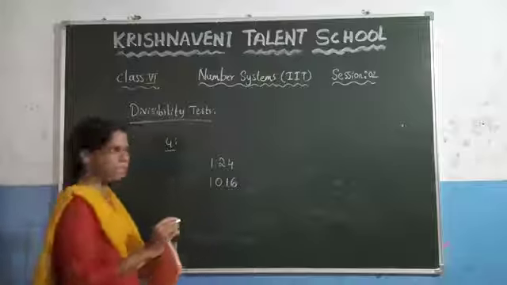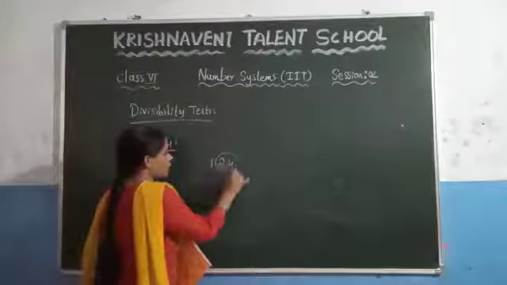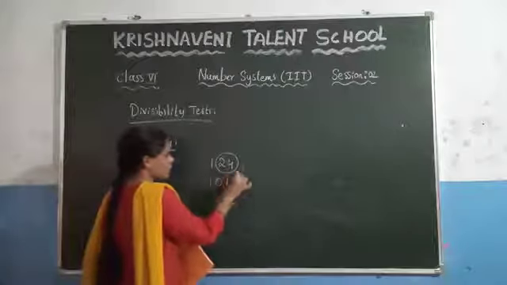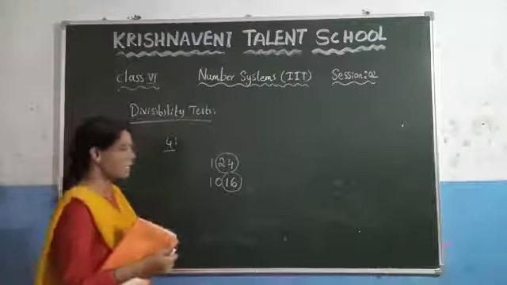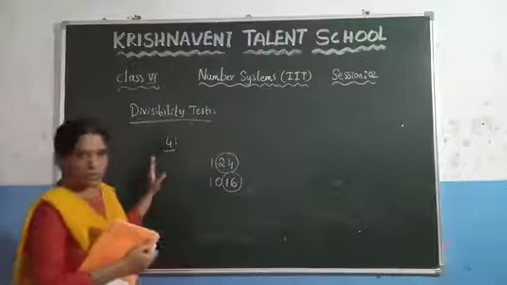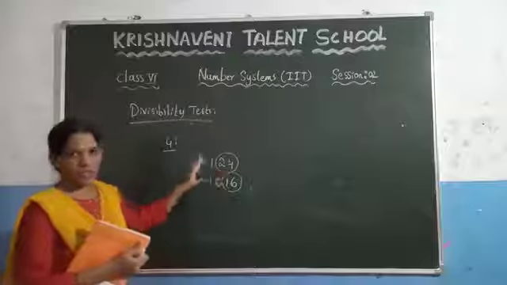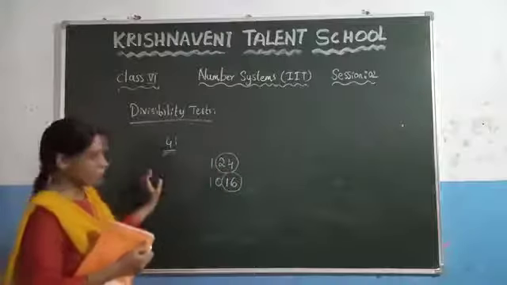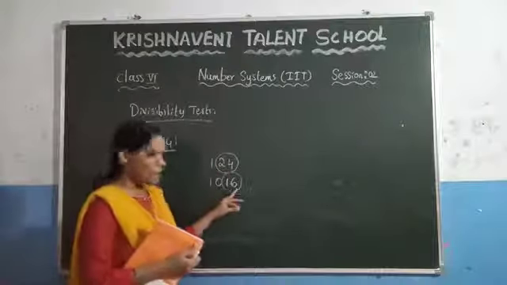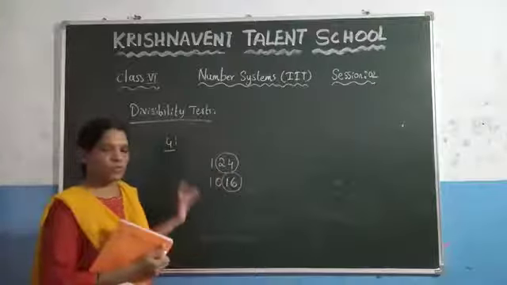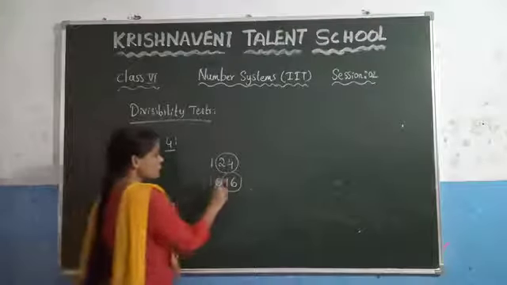The last two digits of the first number are 24. You know that 24 is divisible by 4, because in the 4 table you will get 24. Similarly, 16 is also divisible by 4. So we can say that these numbers are divisible by 4.